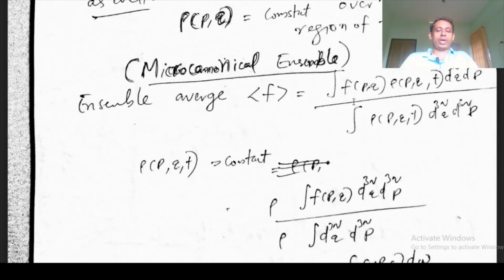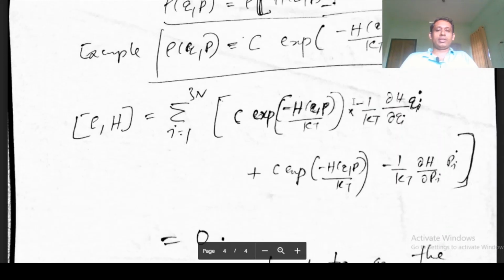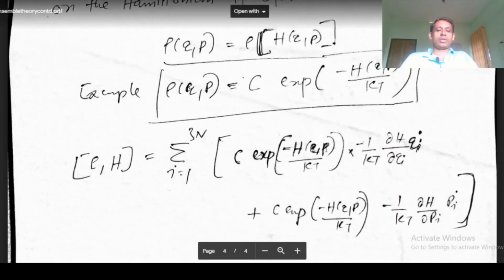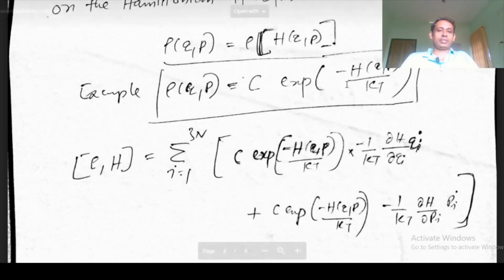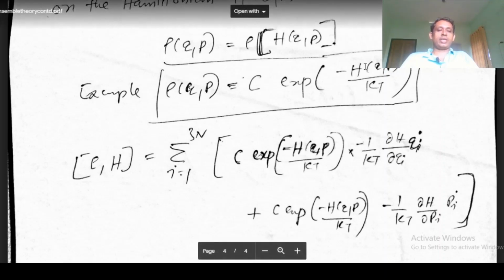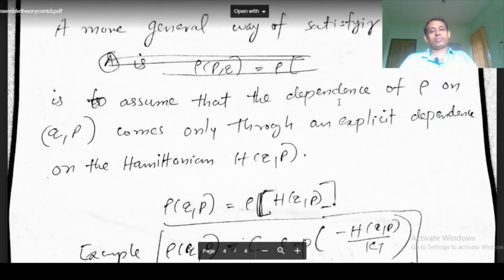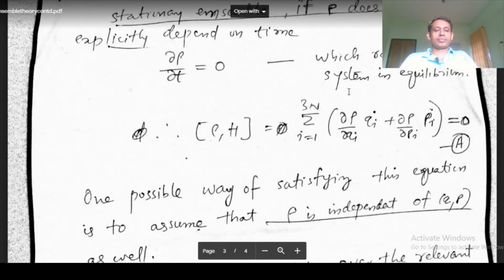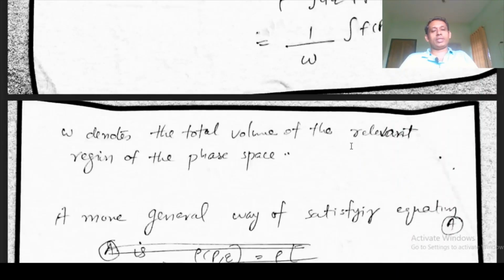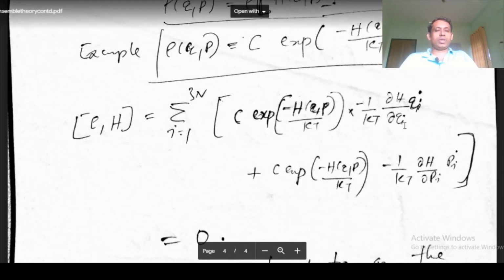For dou rho by dou qi, it will be simply c exponential of this, times the derivative of the exponent, minus 1 by kT dou h by dou qi, times qi dot. This part is dou rho by dou qi times qi dot, and this part is dou rho by dou pi times pi dot.